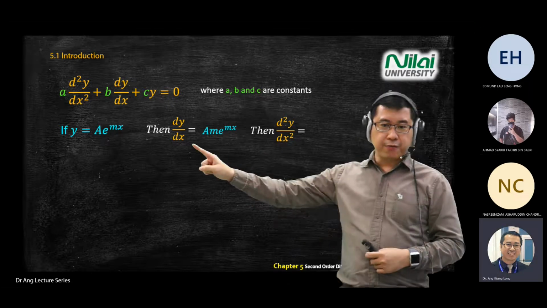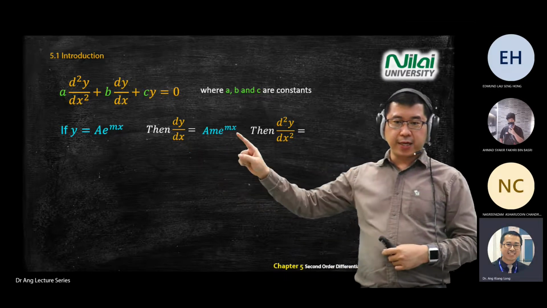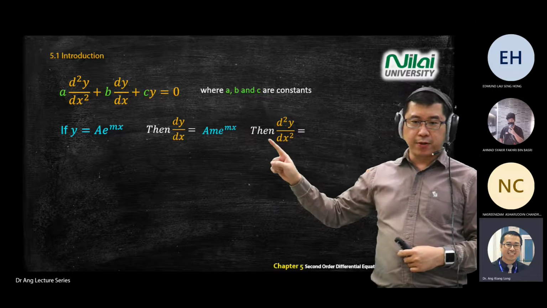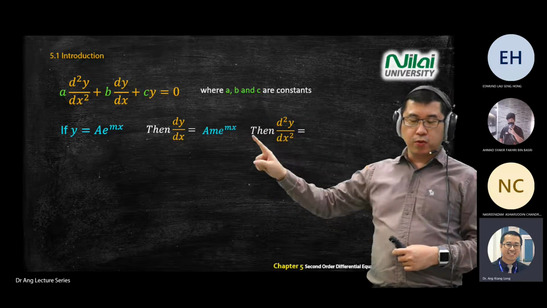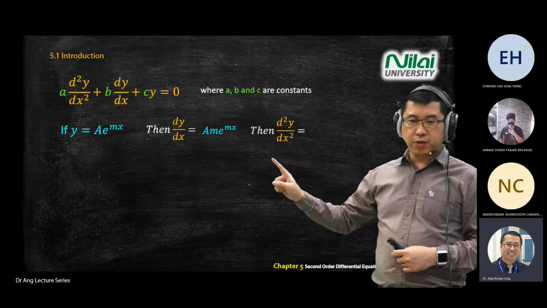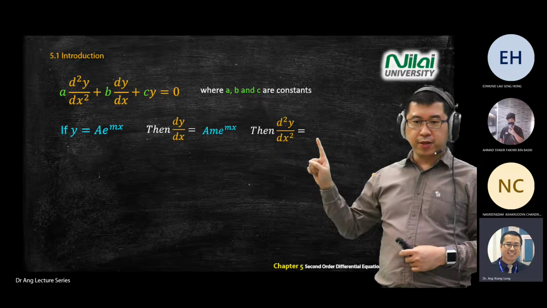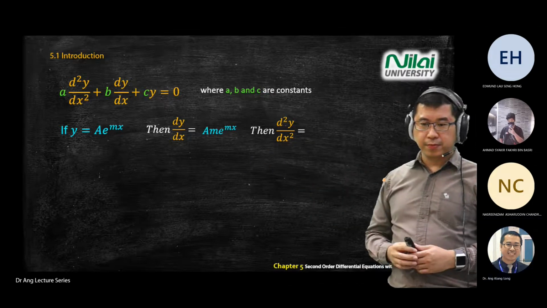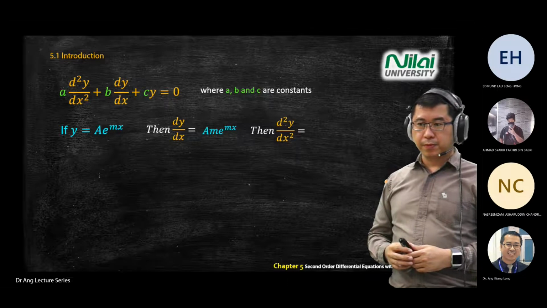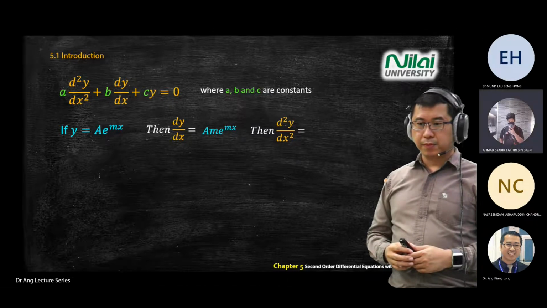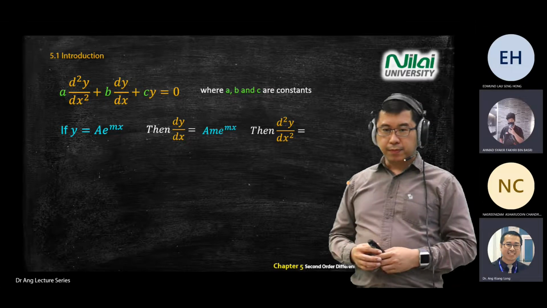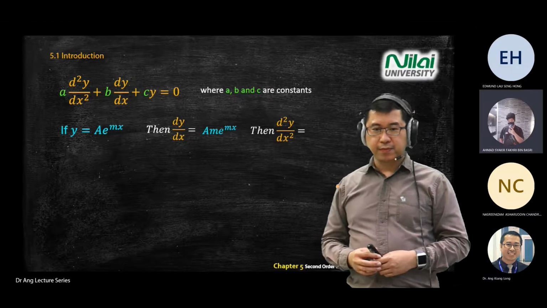If your first differentiation, you get A m e^(mx). When you double differentiate, or do second order differential, what do you get? What is the answer over here? Shakil? A m squared e^(mx). Correct.